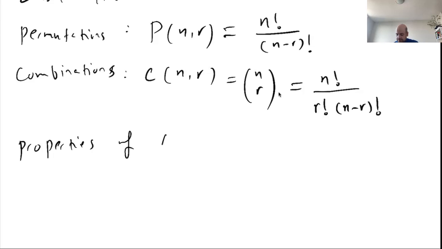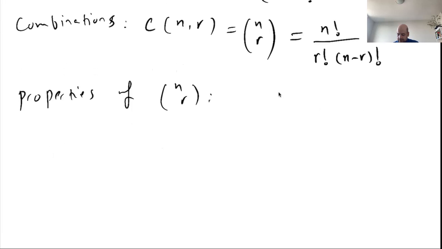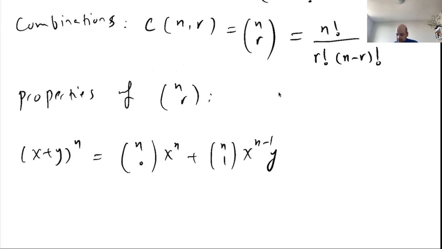Properties of n choose r numbers, the binomial coefficients. For example, we saw that (x plus y) to the power n can be written as n choose 0 x to the power n, plus n choose 1 x to the power n minus 1 y, and all the way to n choose n minus 1 x y to the power n minus 1, and plus n choose n y to the power n.